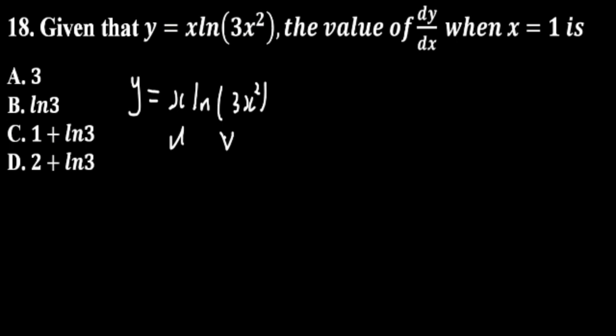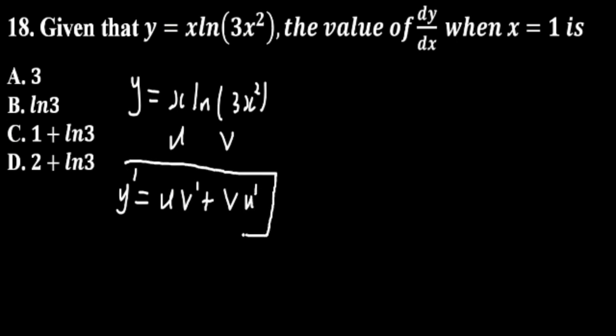I'll show you the other method, but basically it will be using the product rule combined with the other methods that I showed you earlier. So y prime will simply be: we keep one of the functions, u, constant and differentiate v, then keep v constant and differentiate u. This is what we are going to do, but using a shorter method.